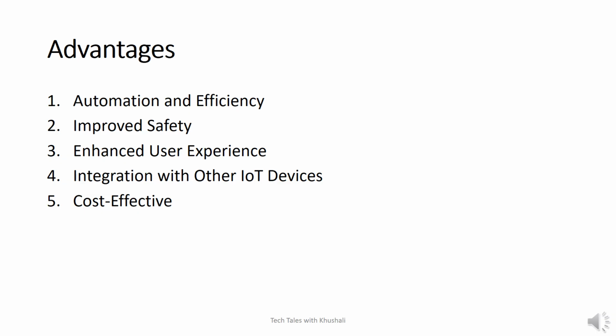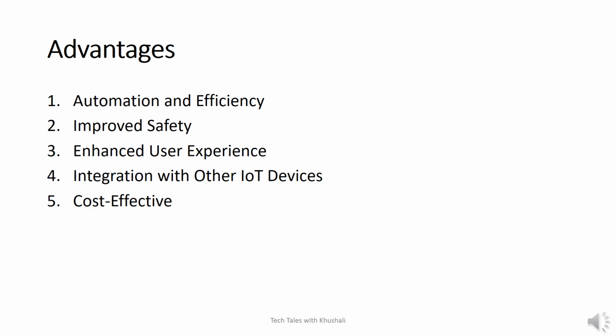The fourth advantage is integration with other IoT devices. They can easily integrate with other devices and can be used to create interconnected solutions. For example, they can trigger events in a larger IoT ecosystem, such as turning on a smart thermostat when someone enters a room.